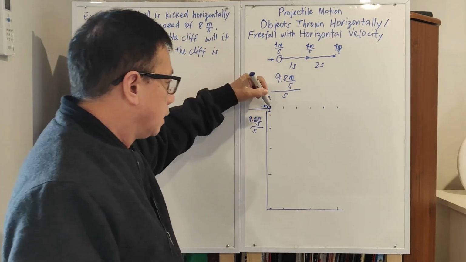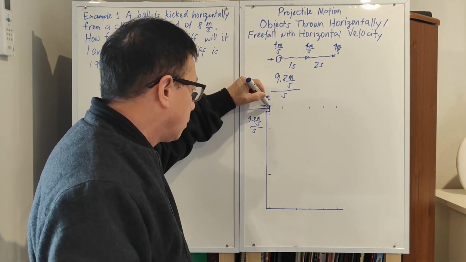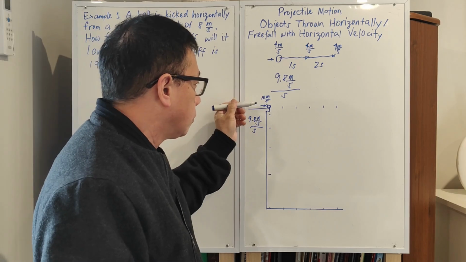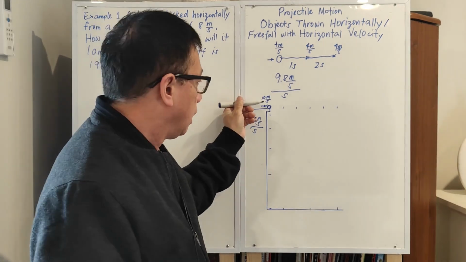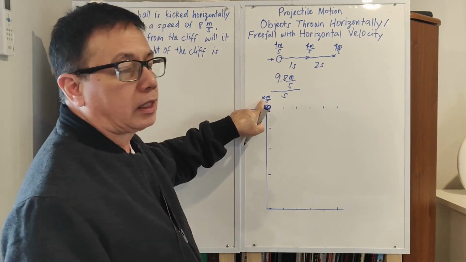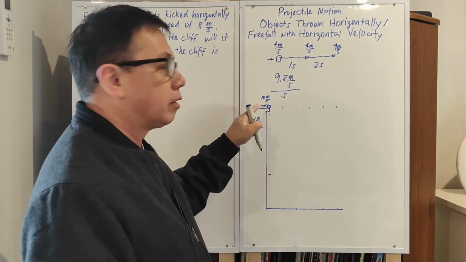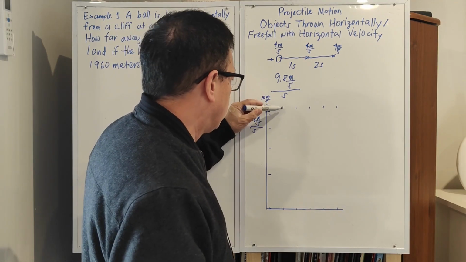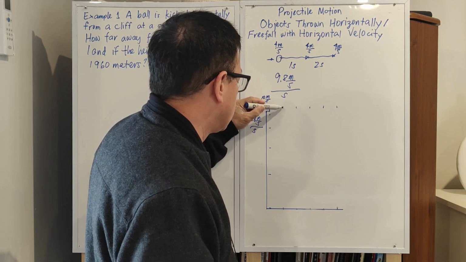So for example, you have two stones. You have a stone here. You kicked it, and at the initial velocity of 10 meters per second horizontally, after 1 second, it will be at 10 meters.